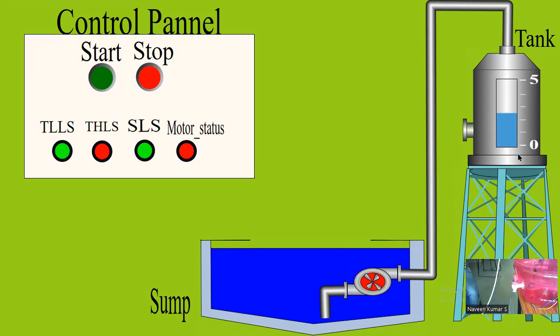This we have done for a simple application, thinking of the cognitive level of our students. Now we can see the water is getting drained. Since it is still touching the low level sensor, the data from the tank low level sensor is still there.